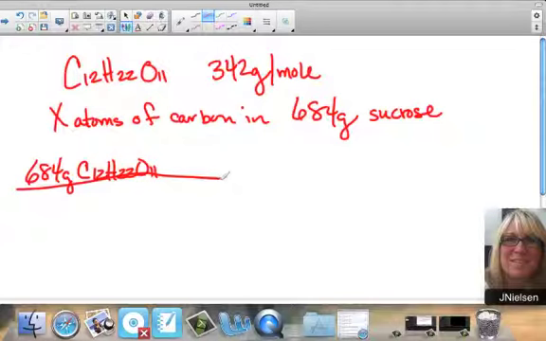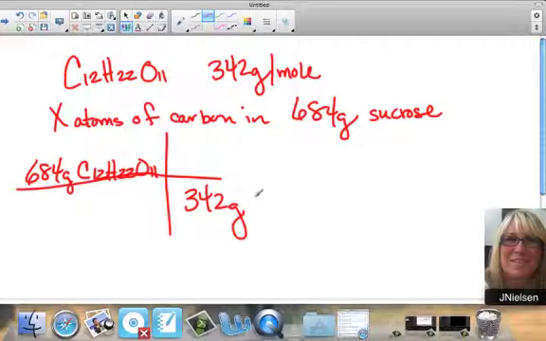And what I can say is this has a mass of 342 grams of C12H22O11. And in that, how many grams of carbon are there?